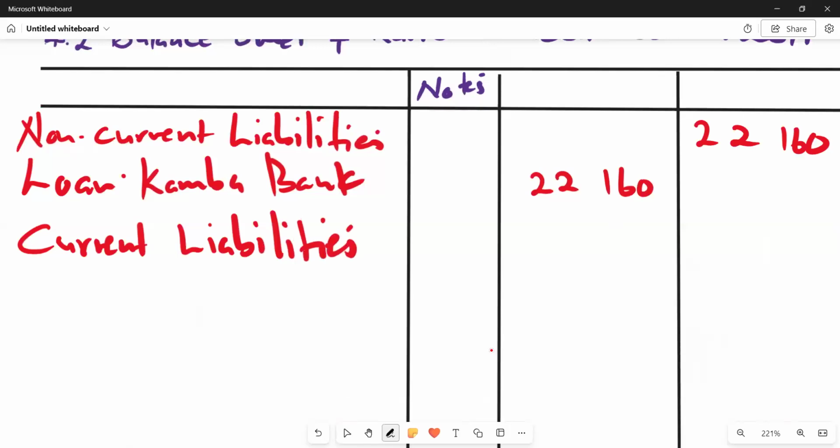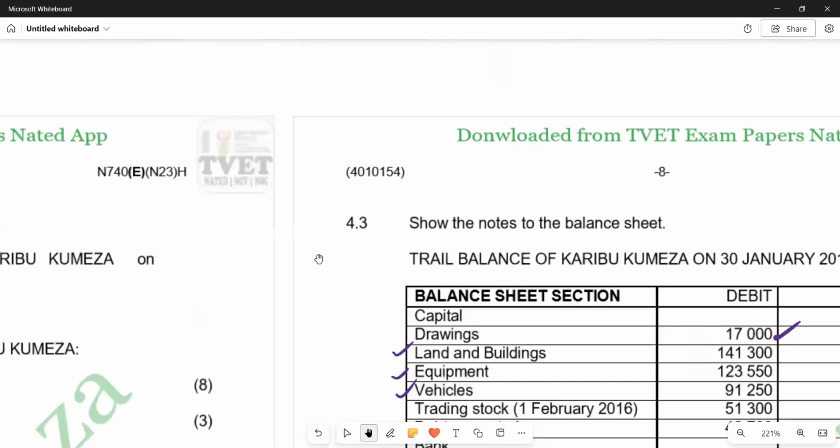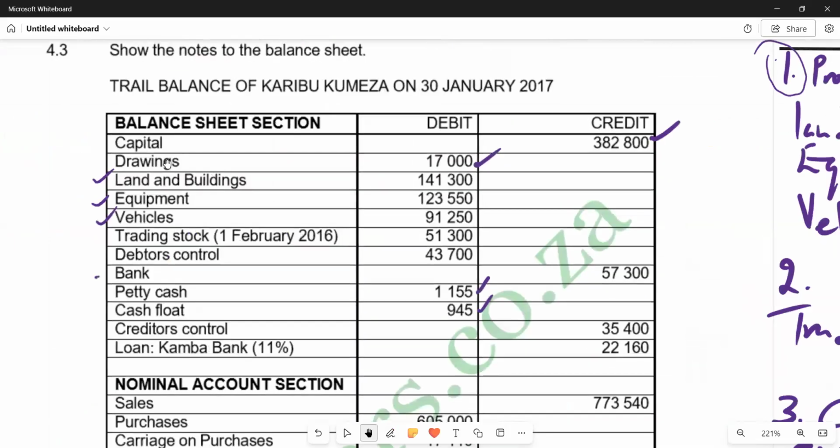Then other current liabilities, we are going to look for items that are part of current liabilities. So remember, the first thing that we put under current liabilities is trade and other payables. Trade creditors, which is creditors control, is one of the trade and other payables. And we look for other payables. Other payables include accruals of expenses, or prepayments of income are also part of other payables that we should add there.